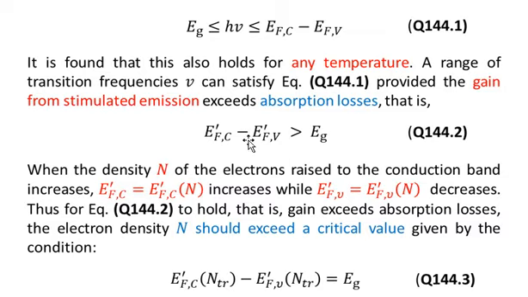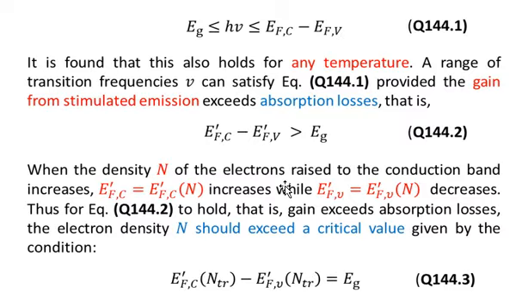This condition will also ensure that the stimulated emission exceeds the absorption losses. When the gain due to stimulated emission is well above the absorption losses, the lasing process can be ensured.